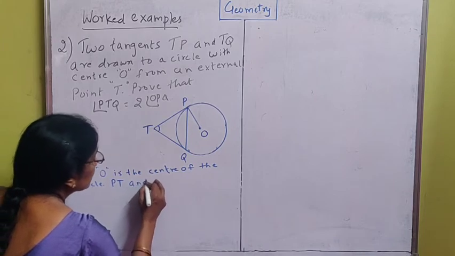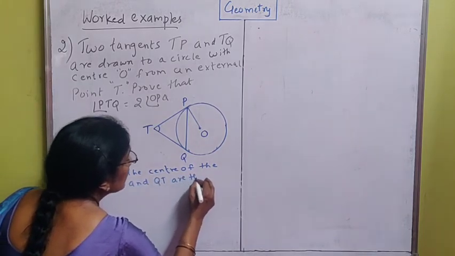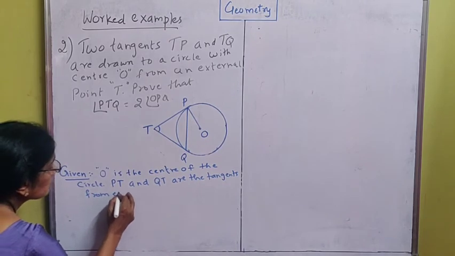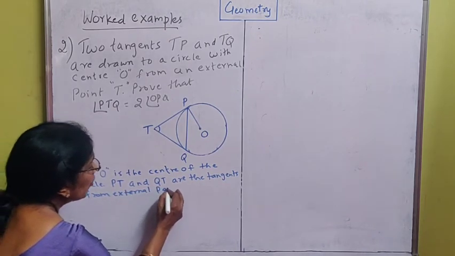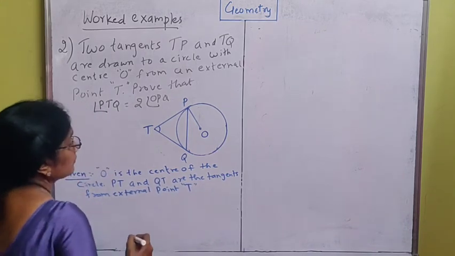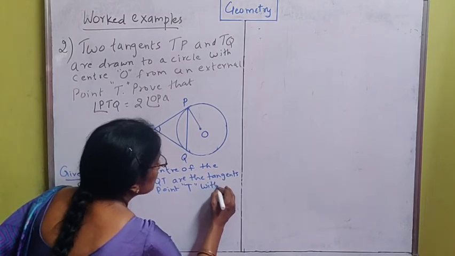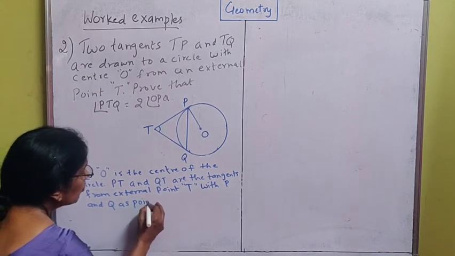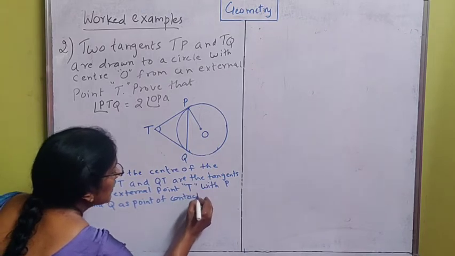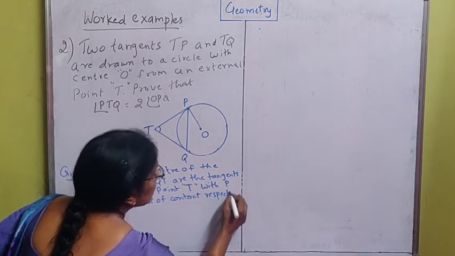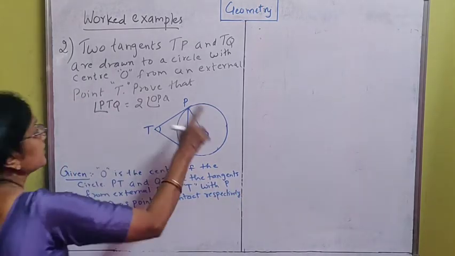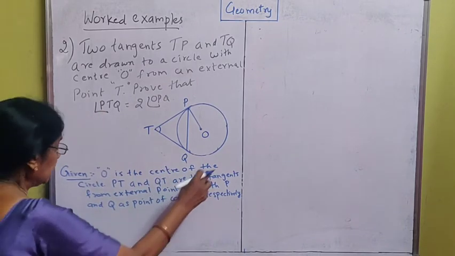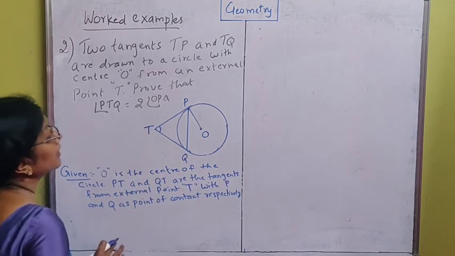PT and QT are the tangents from external point T with P and Q as points of contact respectively.